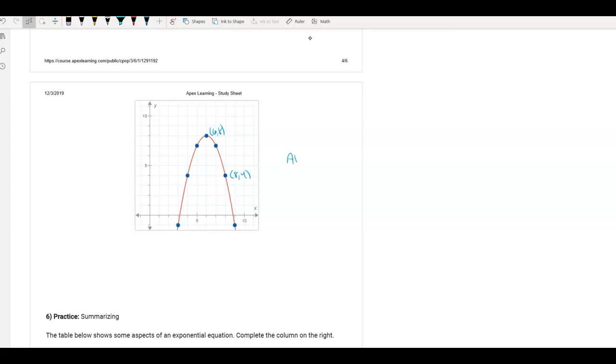So if I was to calculate the average rate of change, that would be 8 minus 4 over 6 minus 8, which gives you 4 over negative 2, which is negative 2. So the average rate of change for this one would be negative 2.